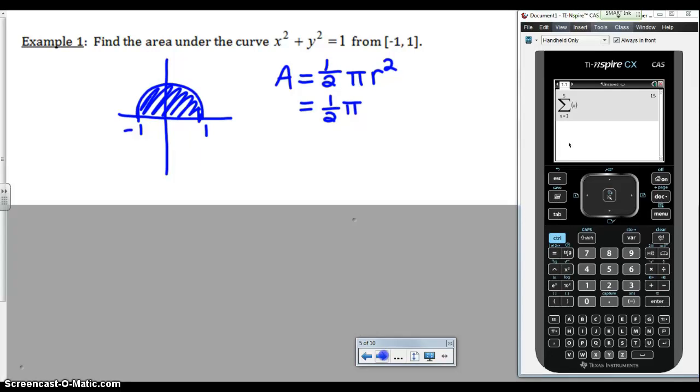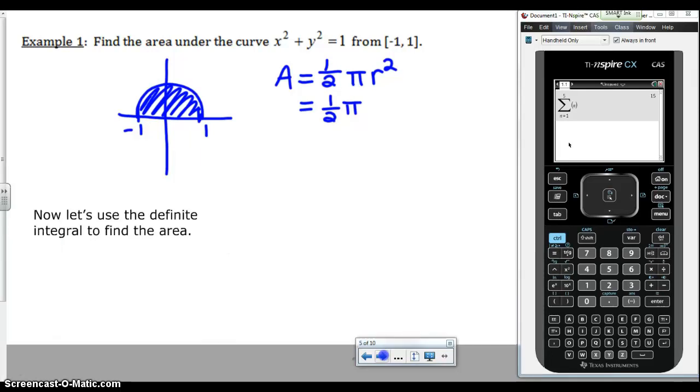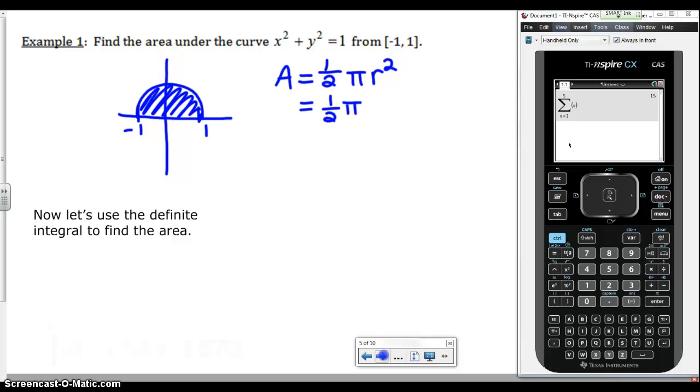But now we can do this using calculus instead of using area formulas from geometry. In calculus, we use an integral symbol to represent area. So we would say we want to take the integral, we're starting at -1 and we're ending at +1. Now we need to put the equation after the integral symbol, but it has to be a y equals equation.